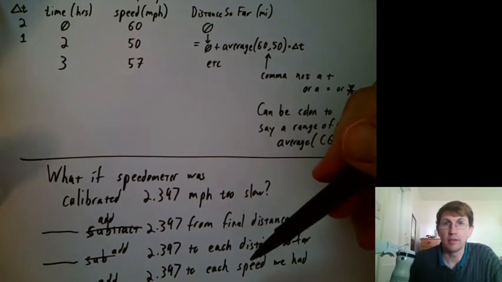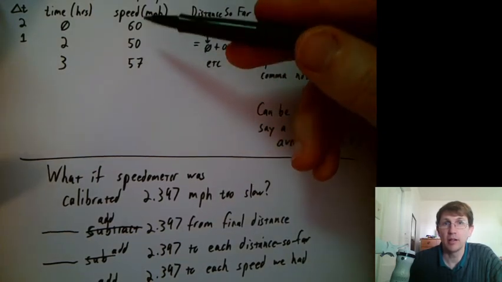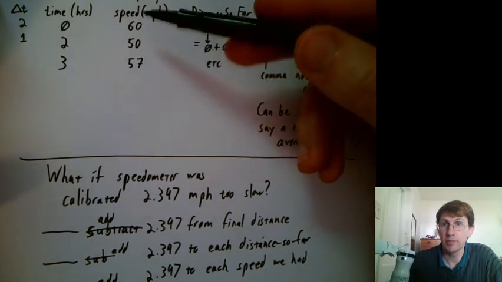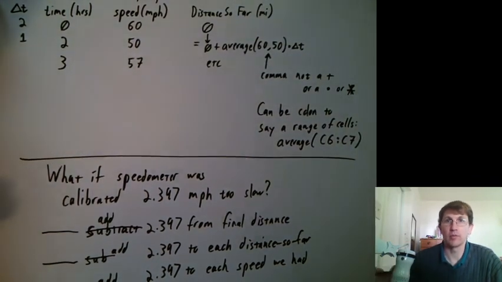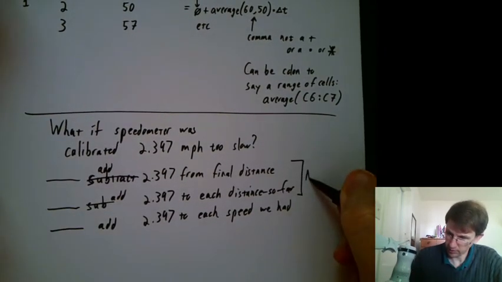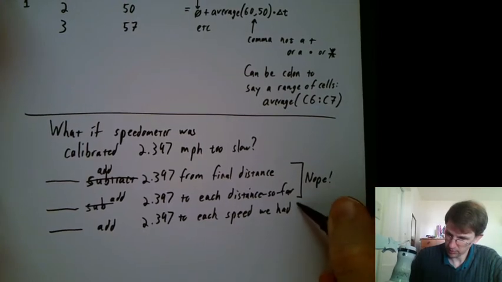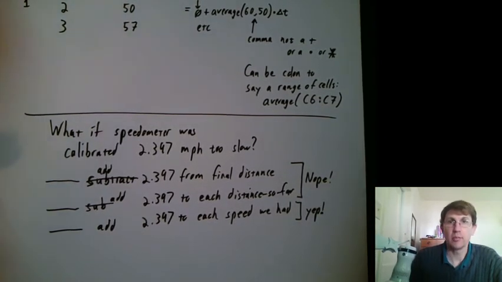So at least the units work out to add 2.397 to each of these speeds, and then the distances so far should be more accurate. So we'll say nope to those, and yep to that one.